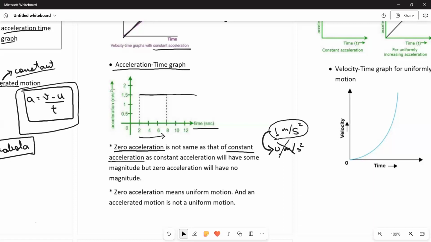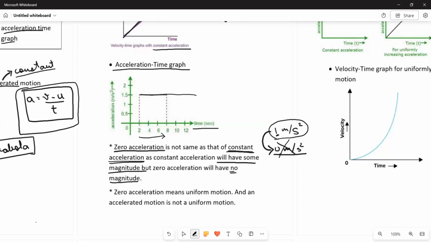And why zero acceleration is not the same as constant acceleration, we'll check in this statement: constant acceleration will have some magnitude, but zero acceleration will have no magnitude. There will be no magnitude when we see zero acceleration, right?